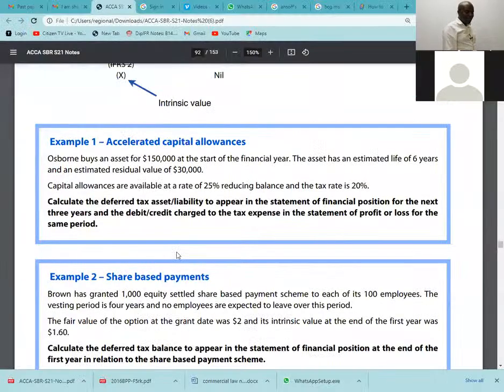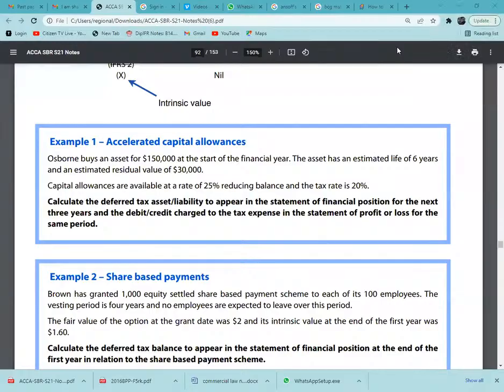So here we are. Example 1, accelerated capital allowances. We are told Osborne buys an asset for $150,000 at the start of the financial year.